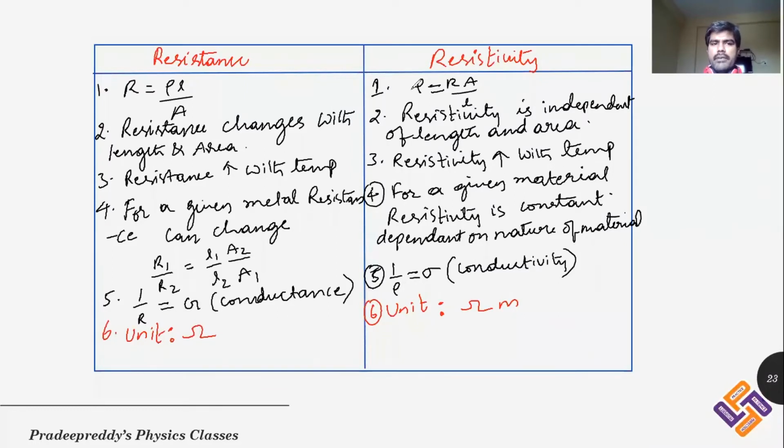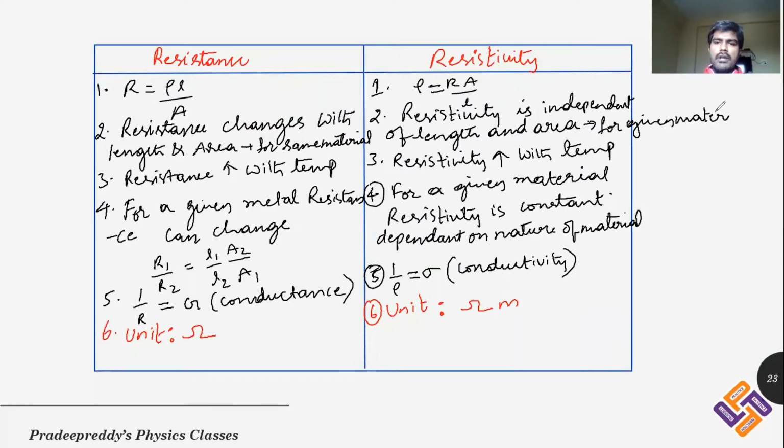So, comparisons between resistance and resistivity. The first comparison is their formula. The second comparison is that resistance changes with length and area for the same material, whereas resistivity for the same material is independent of length and area. And remember, this is for the same material.